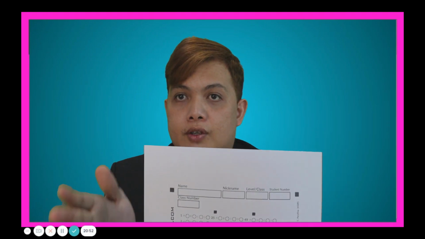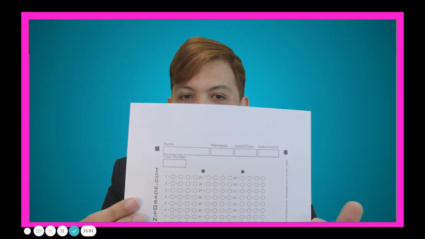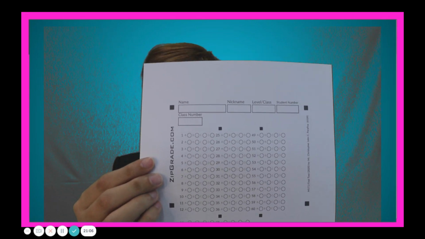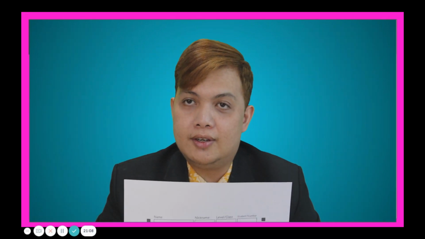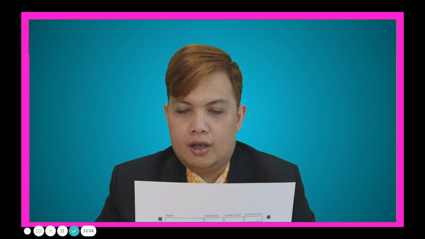Class number is your number like 1, 2, 3, 4 in your class, but student number is the number that the school gave you. Please don't forget to shade all the letters that you think are the correct answers. Shade it properly using a pencil 2B. Okay, so please get ready with those.